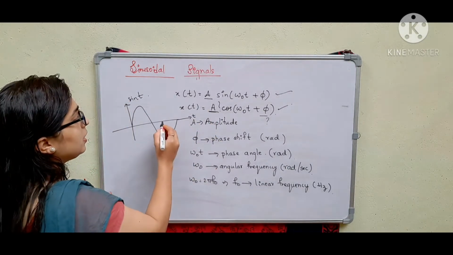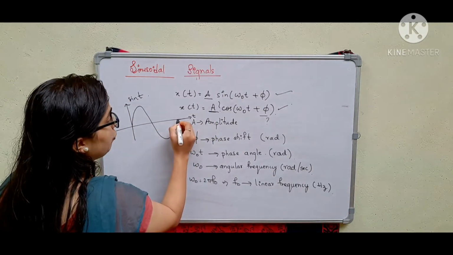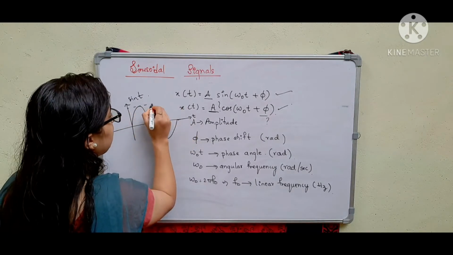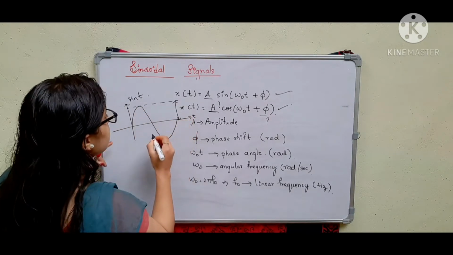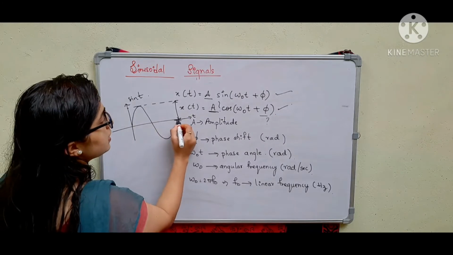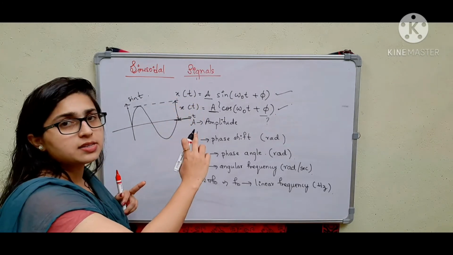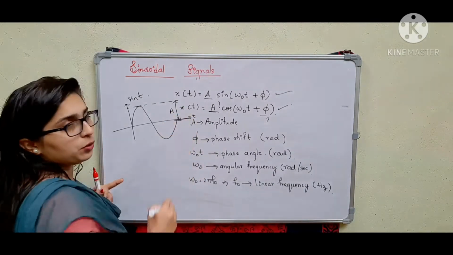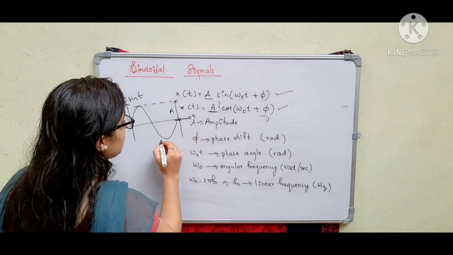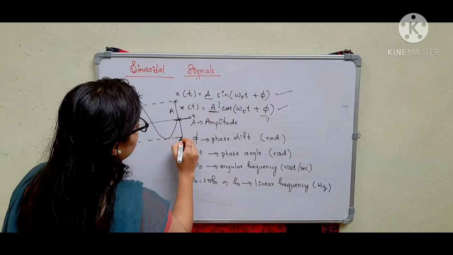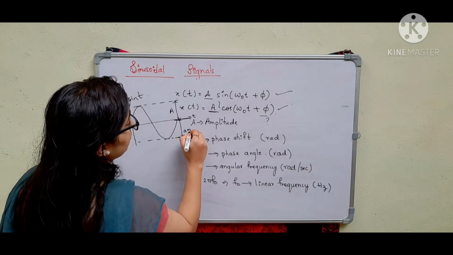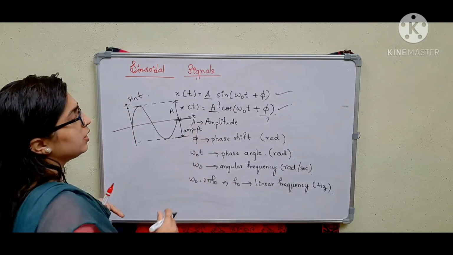Amplitude is the height from the center to the peak. This is the peak, and this is the center. Whatever the height from center to the peak is, that will be your amplitude. Likewise, here also, this is the amplitude, that is equal to A.